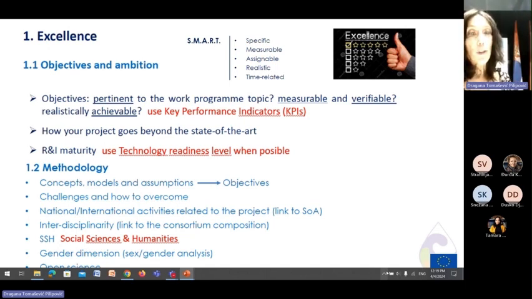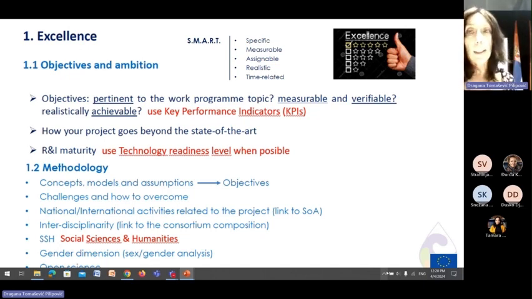And you have to use technology readiness level when possible. Yesterday we saw a little bit what it is. It's basically a means to measure the maturity of a project, starting from 0, which is the idea, to number 9, I think, which is basically the technology ready for the market. And Horizon Europe finances projects until level 7.